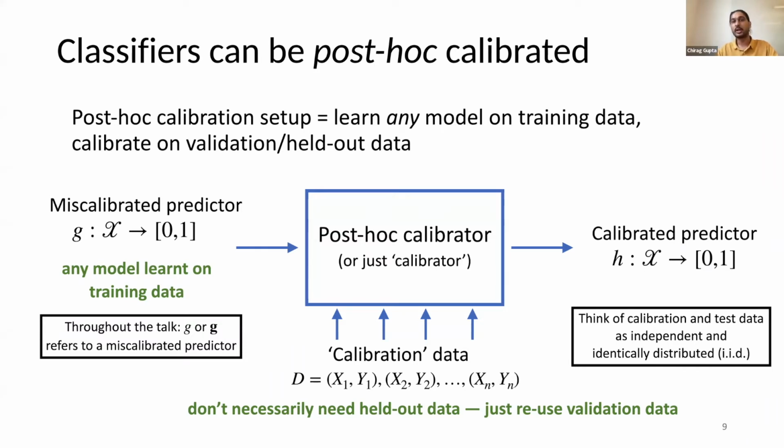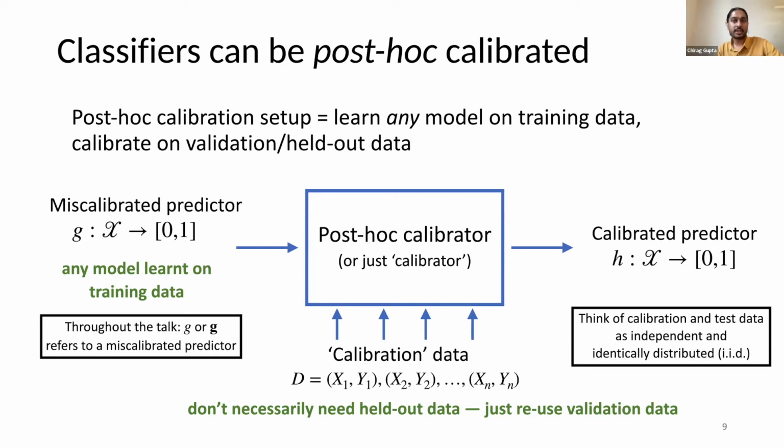So I'm not going to be going into covariate shift and other kinds of shifts. And importantly, your training data could be anything. So you could have picked up a model and, say, trained a model in New York and calibrated it in Pittsburgh. But as long as you're testing in Pittsburgh, that's fine.